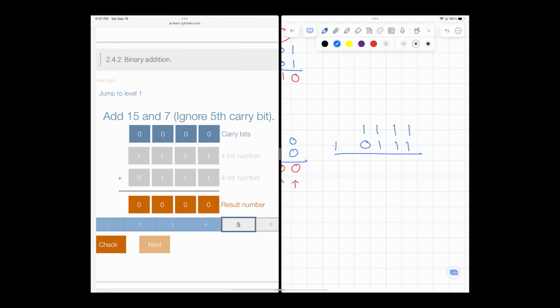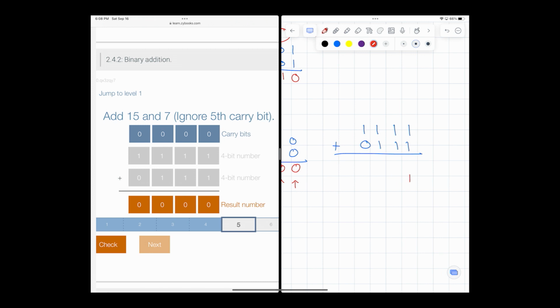And so the issue here is that you can't add these numbers and have the result fit in 4 bits, because if you think about it, this is already the biggest 4-bit number you could have. It's 15, you can't have any bigger. So that's fine, but something is going to happen a bit weird.